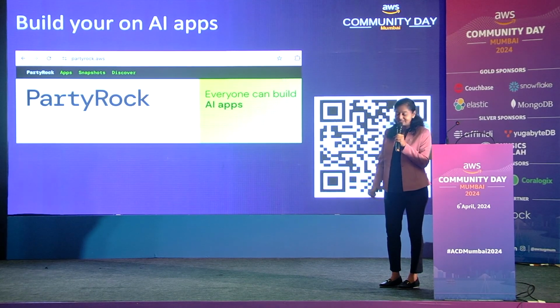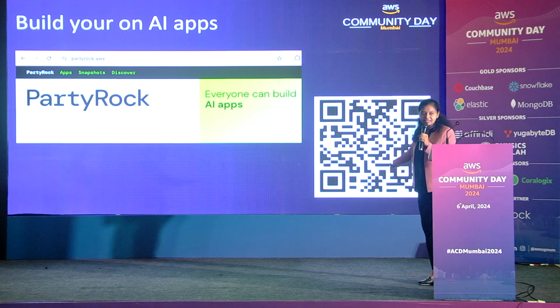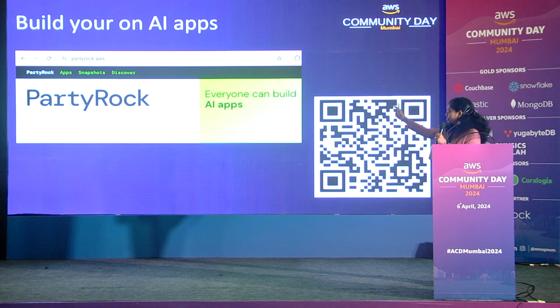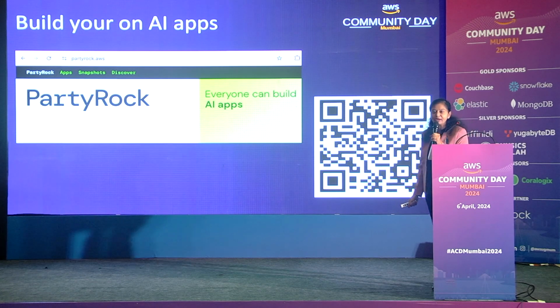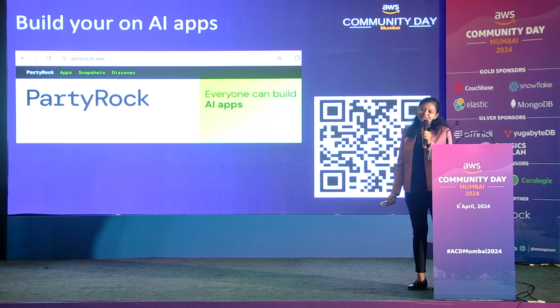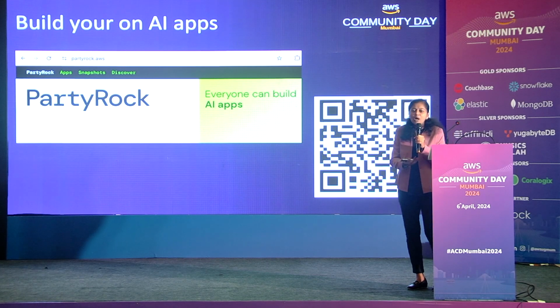Okay, that's wonderful. If you have not tried it, it's pretty simple. Even a small kid can use it. Here's the QR code. Go to partyrock.aws. The reason I'm talking about partyrock.aws in an Amazon Q session is that it's an application built for us to get a feel of how anybody can create an application very easily, with no effort and absolutely free.